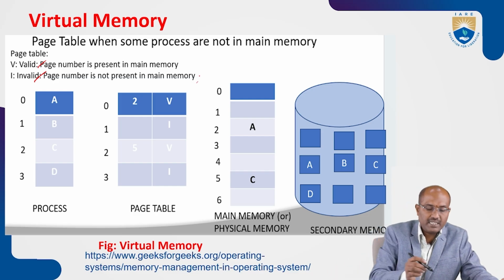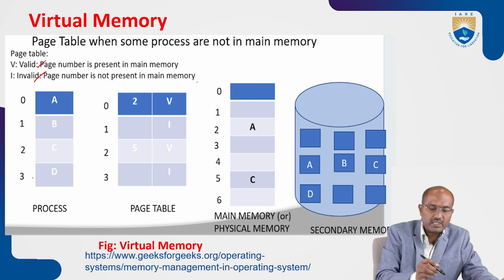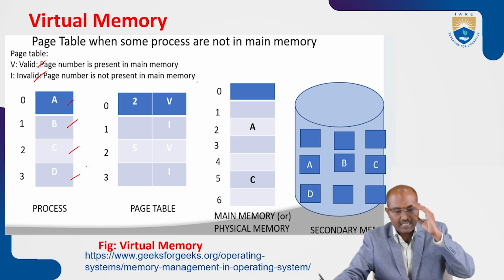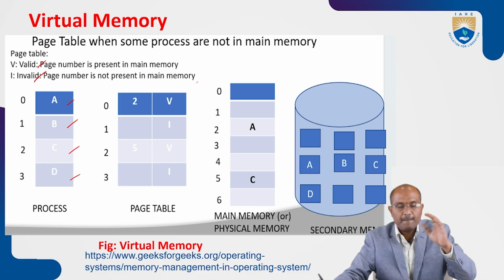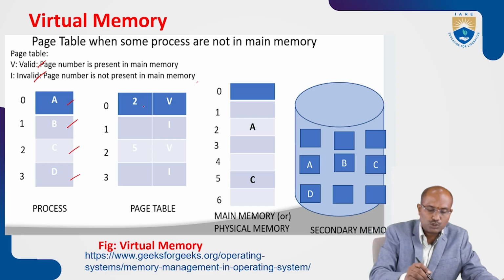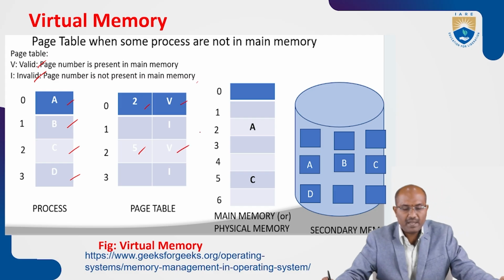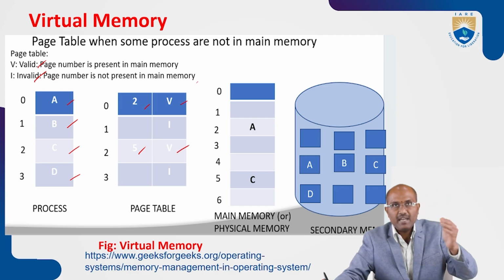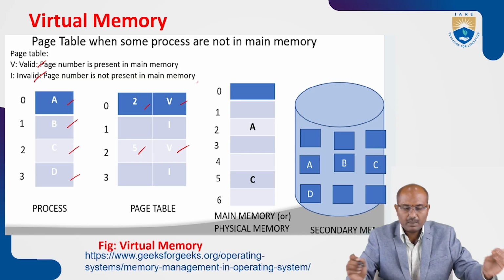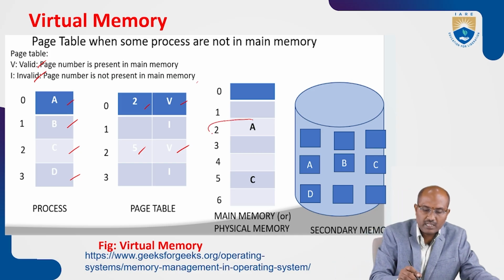There are processes here, 0, 1, 2, 3, with their addresses: process A, process B, process C, and process D. Through the page map table, entries 2 and 5 have a valid bit. In the main memory or physical memory, A is mapped correspondingly to 2 and C is mapped to 5.